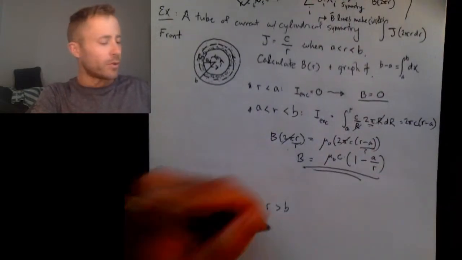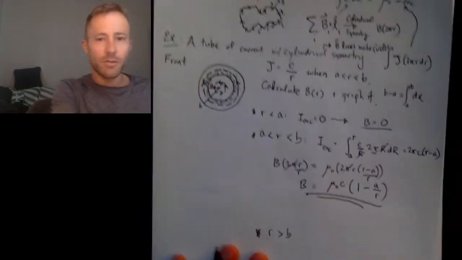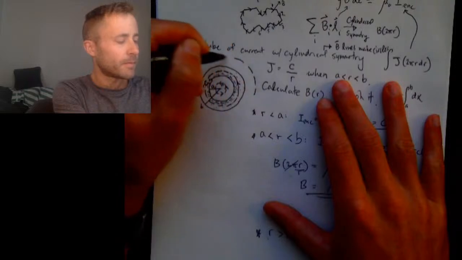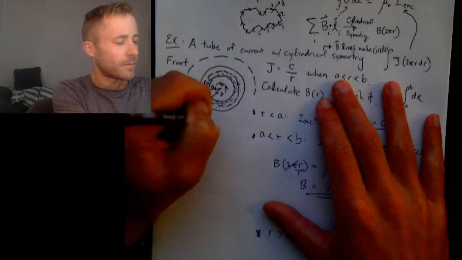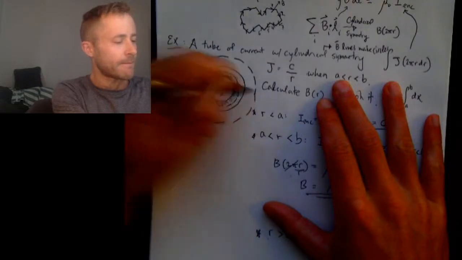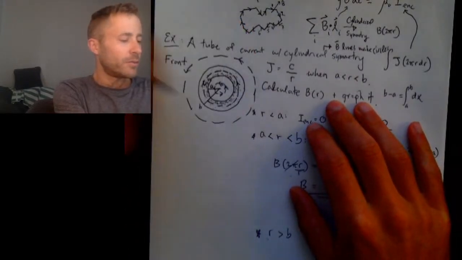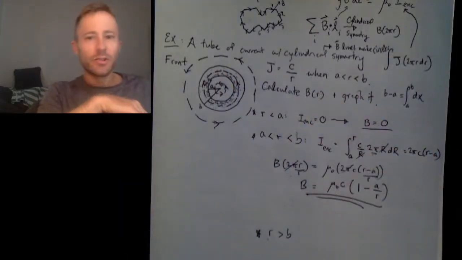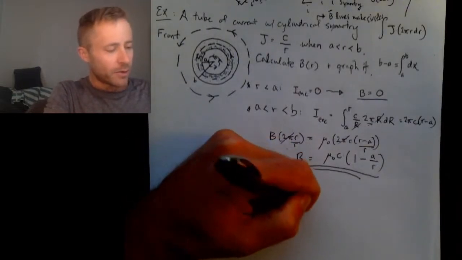So now let's look at the third region. So for the third region, the radius of our Amperian loop is bigger than b. So that means that the loop is all the way out here. Okay, so there is the loop, right like that. So we redo our calculation of the current enclosed.